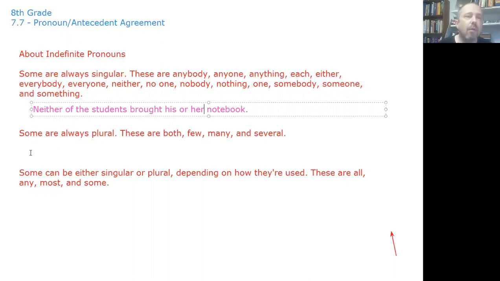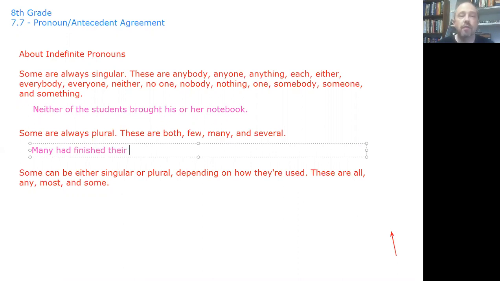All right. Now, when I look at the ones that are plural, such as both, few, many, and several, many had finished their tours. Pronouns. There. Many is more than one person. Their tours.